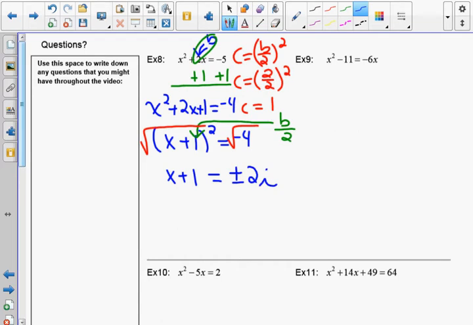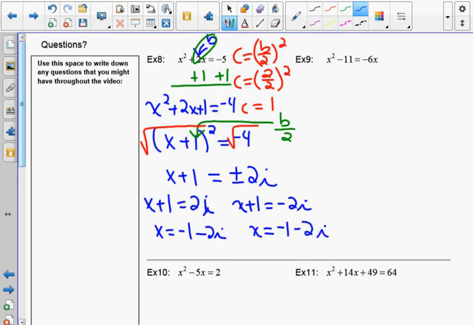And now we're going to solve the equation. So we have x plus 1 is equal to a positive 2i, and x plus 1 is equal to a negative 2i. So we're going to subtract 1 from both sides. So we have negative 1 minus 2i, and the other equation we have negative 1 minus 2i.